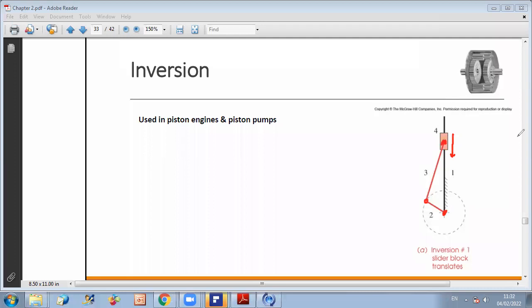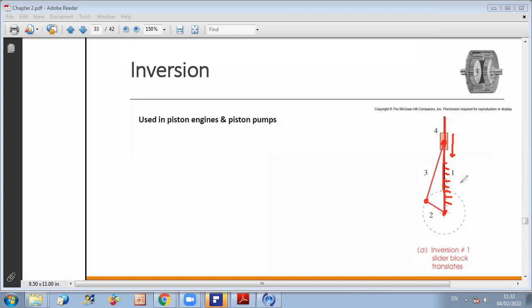I should ask myself, what is the type of motion required in an internal combustion engine? It's the translation of the piston. Okay, so I want my piston to translate. This is why I should fix link 1. Okay, so link 1 should not move; this should be my reference, and the other parts will move relative to link 1.